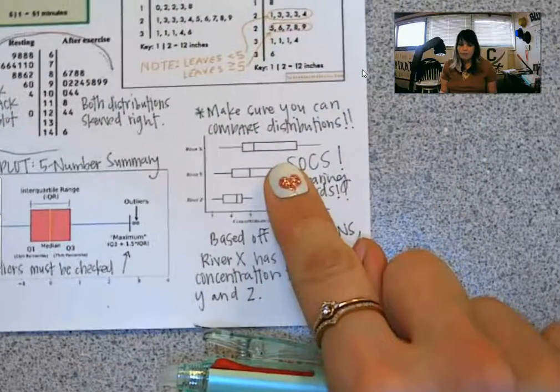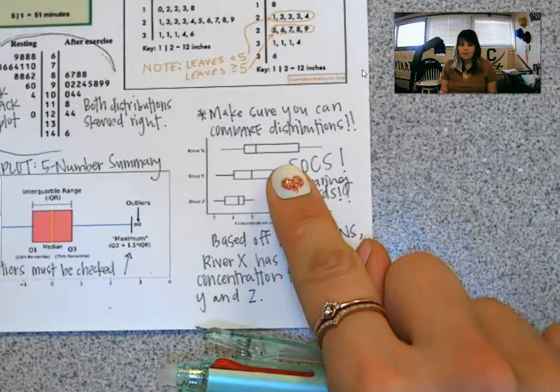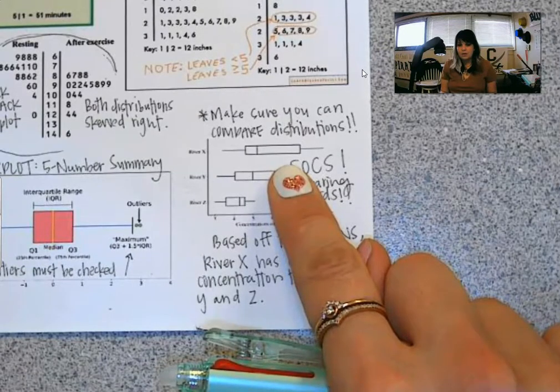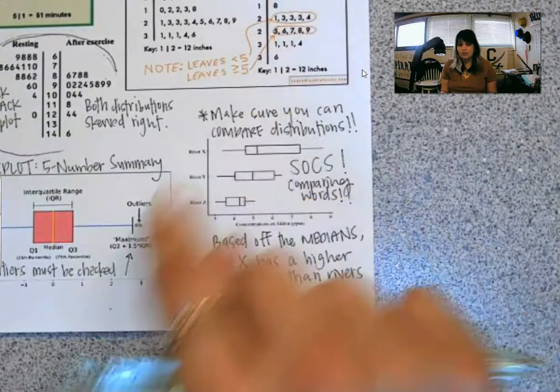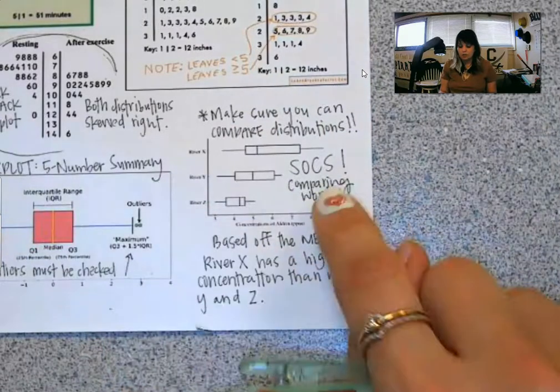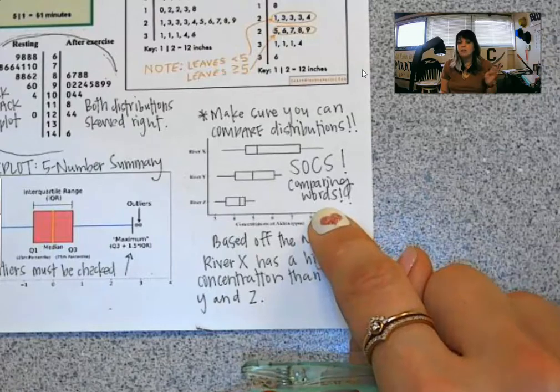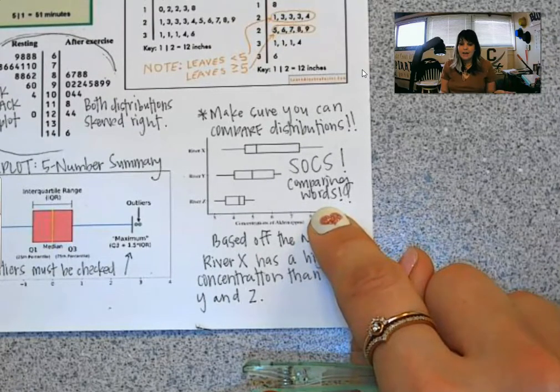You could have side-by-side box plots, and if you have them, they're typically asking you to compare them. So here you can see that I've written, make sure that you can compare distributions. You're going to use SOCS and comparing words, meaning the median for river X is greater than the other medians.